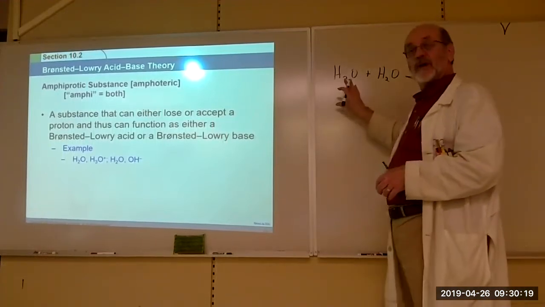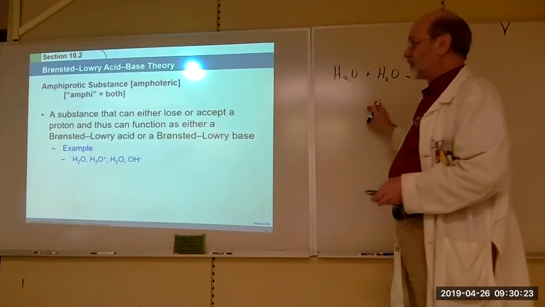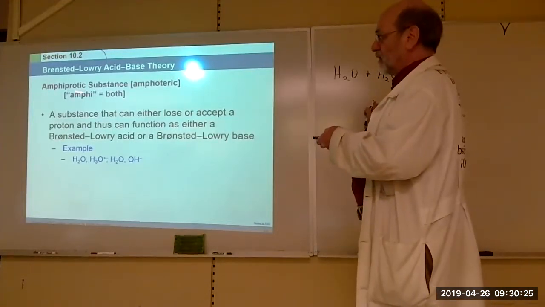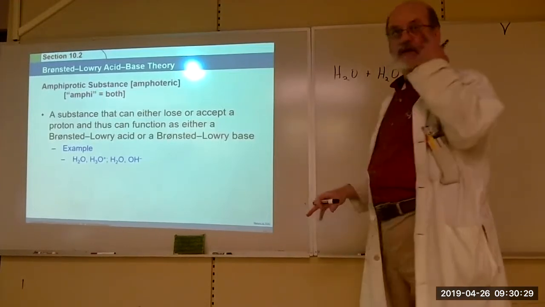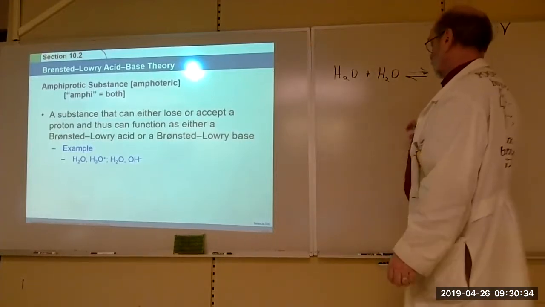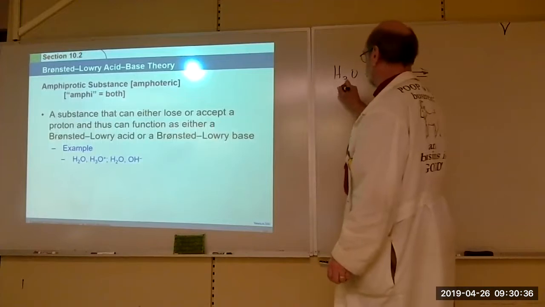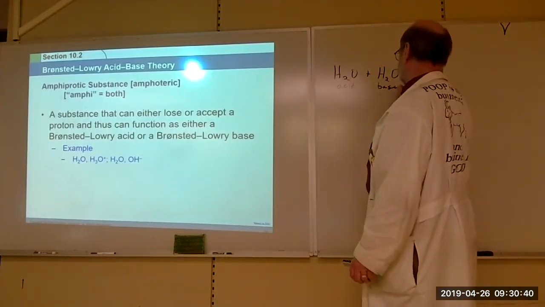One of these becomes the acid, one of these becomes the base. That's what we mean by amphiprotic or amphoteric. You'll see it both ways. Amphi just means both. It can be an acid or it can be a base. So if this is the acid, that's the one that donates the proton. This is the base, that's the one that accepts the proton.